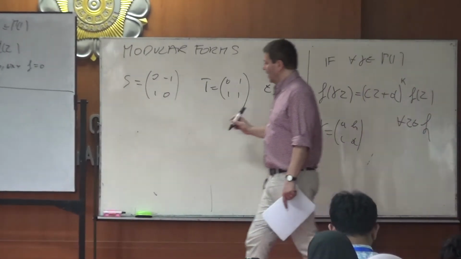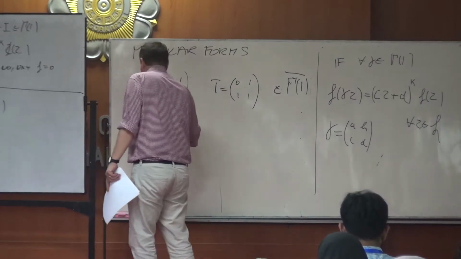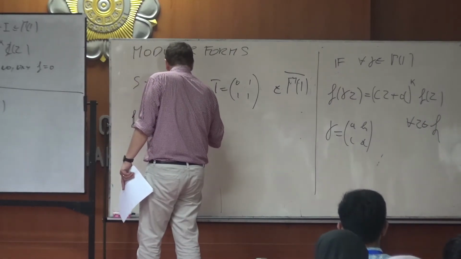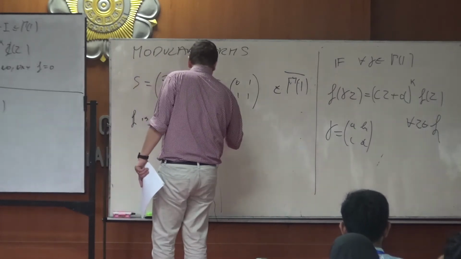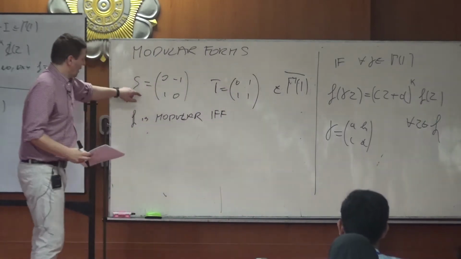So f is modular, since minus the identity acts like nothing, if and only if it's sufficient to check it on these two.